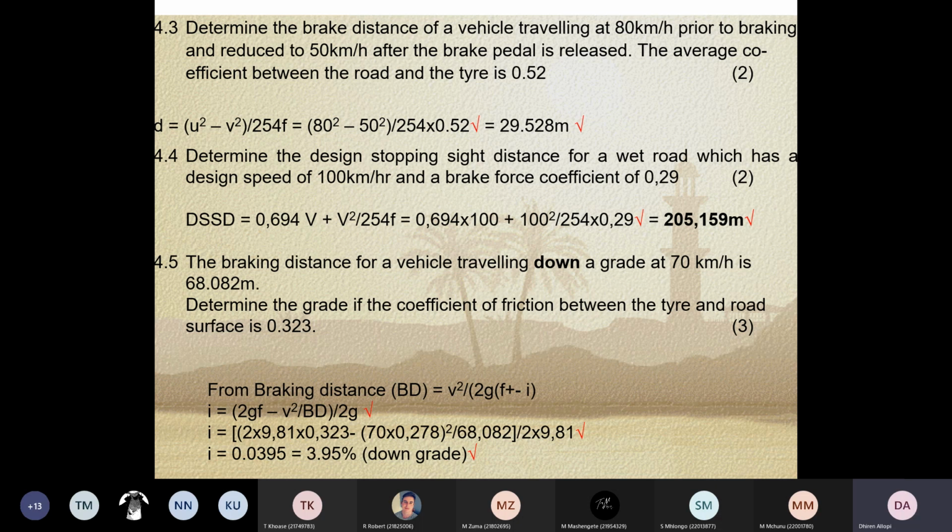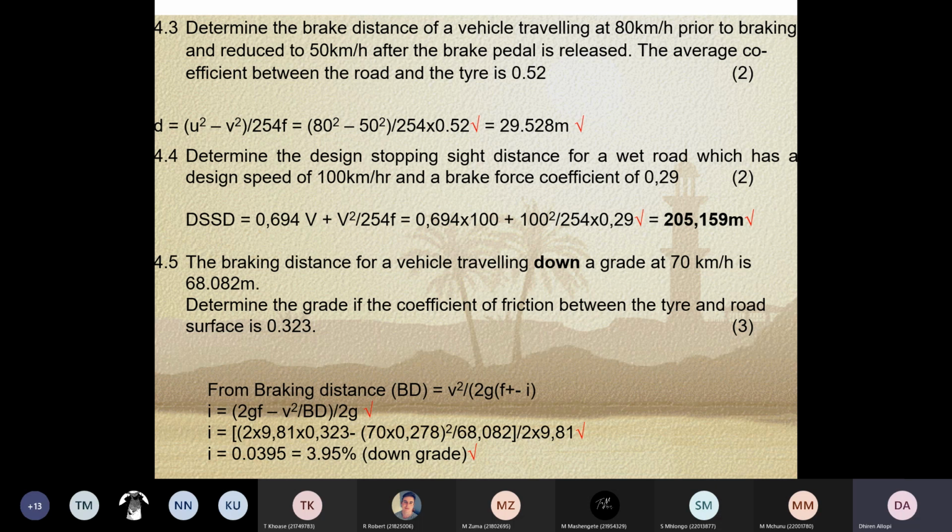So you all know the generic formula, but we are only referring to the braking distance. So it's the second half of the generic formula, the braking distance, D2. We're not interested in the perception reaction distance, D1. So making i the subject of the formula of your braking distance and solving for i, that's all that was required.